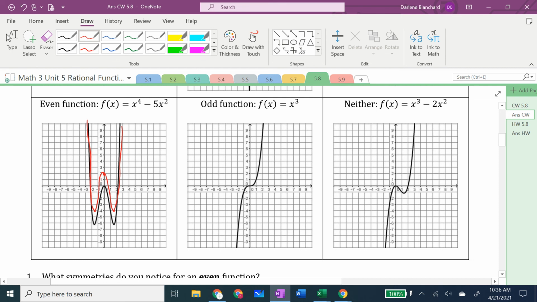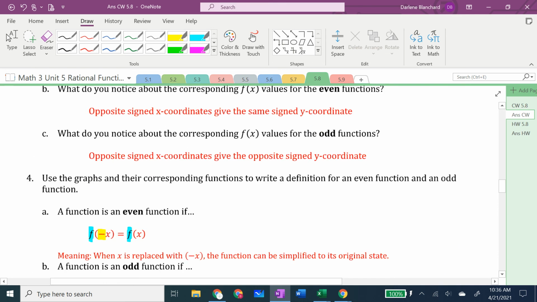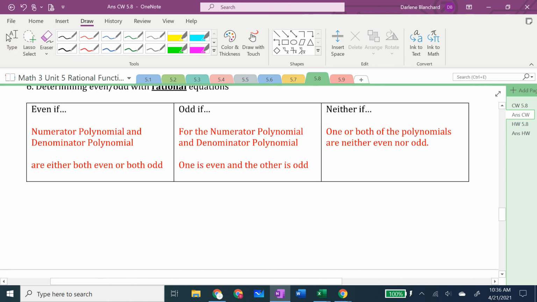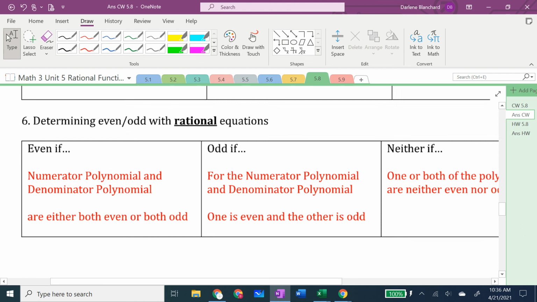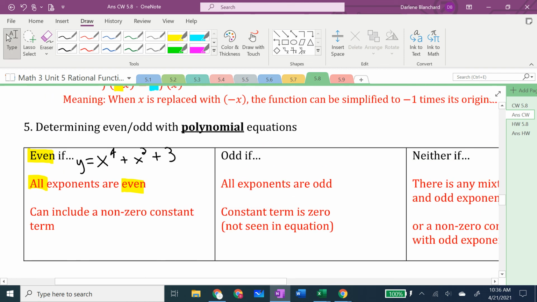So I want you to know with polynomial functions, if you are adding a constant, it is still even.